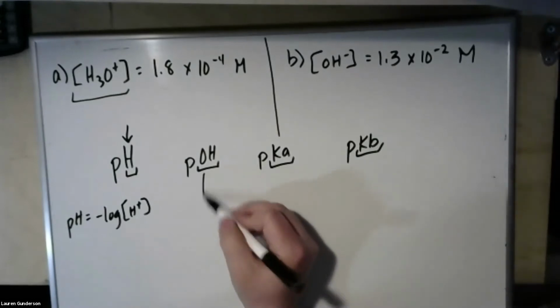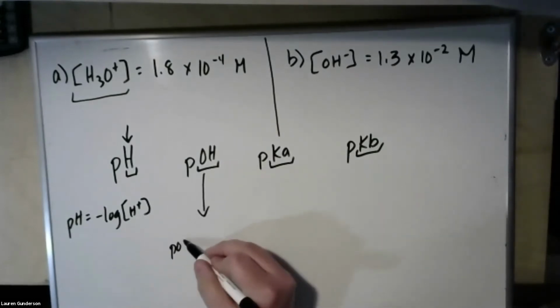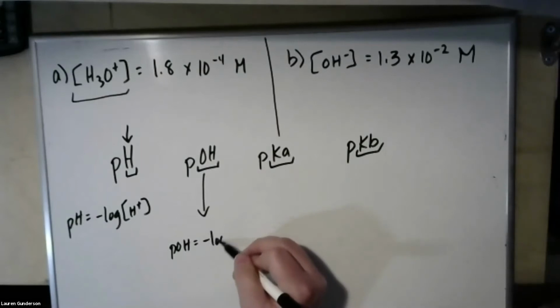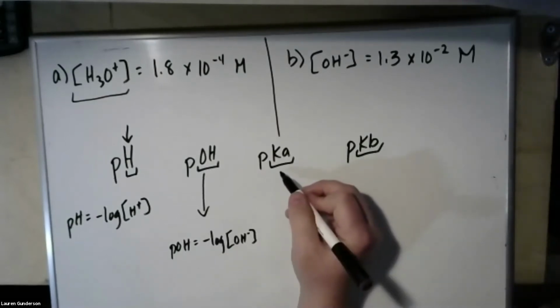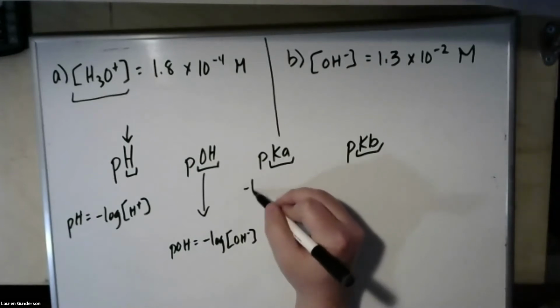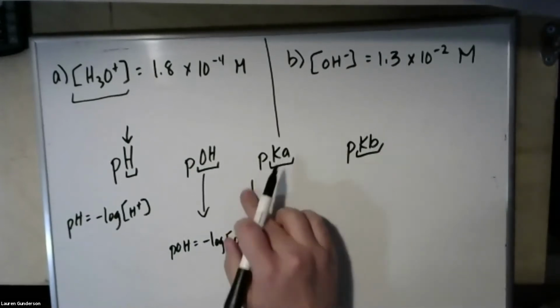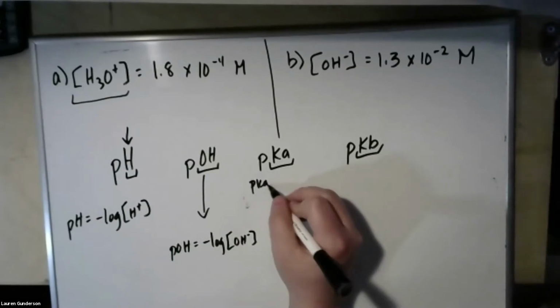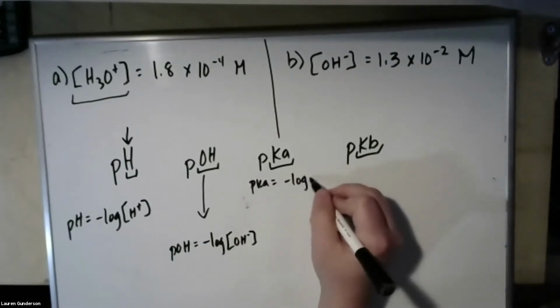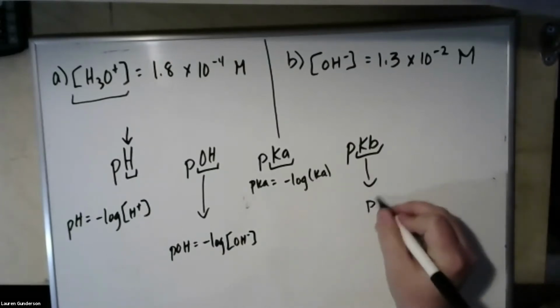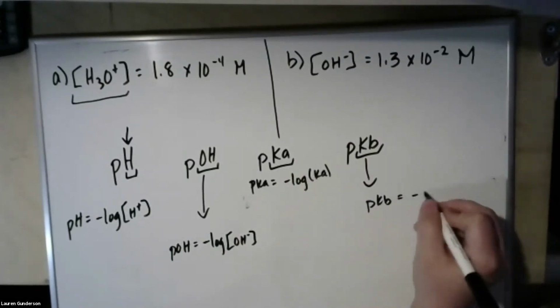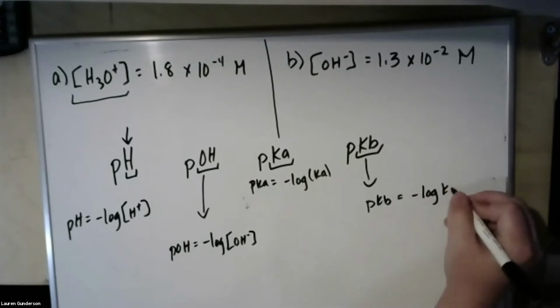If we wanted to find the pOH, it's going to be the negative log of our hydroxide ion concentration. To find our pKa, it gets repetitive at some point, but it's all right, it's going to be the negative log of our Ka value. And if we want to find the pKb, that's going to be the negative log of our Kb value.